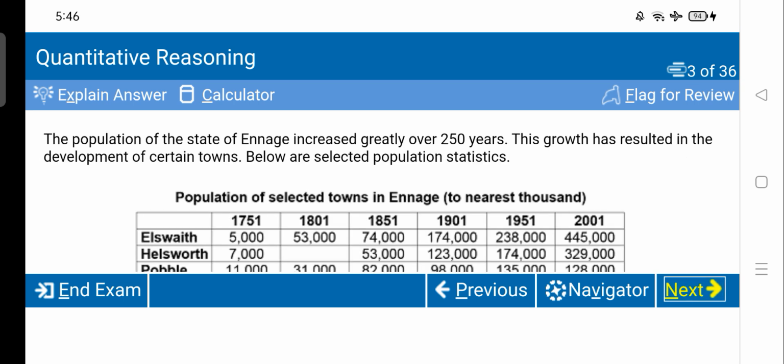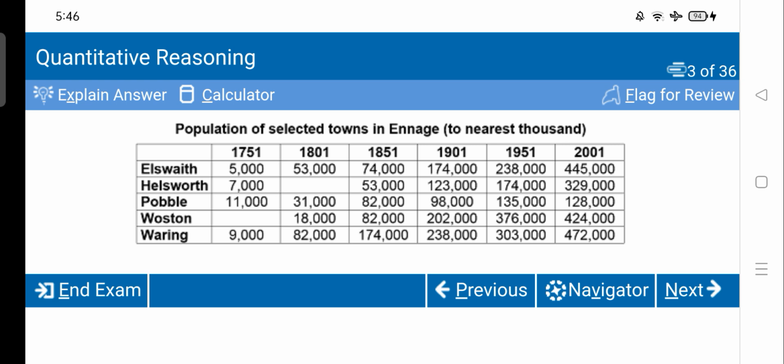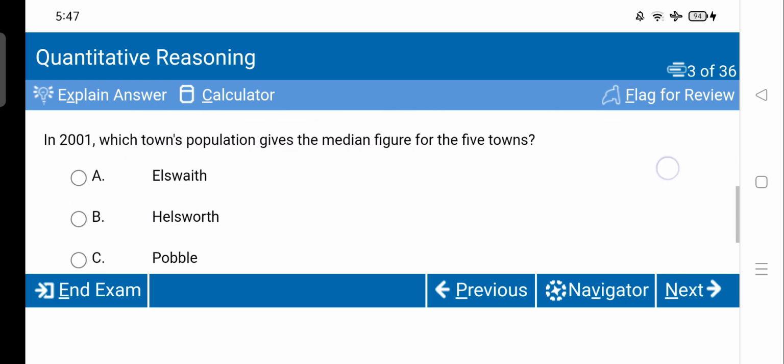Next we have question number 3 with the same statement and the same information given in the table. The question is, in 2001, which town's population gives the median figure for the 5 towns?